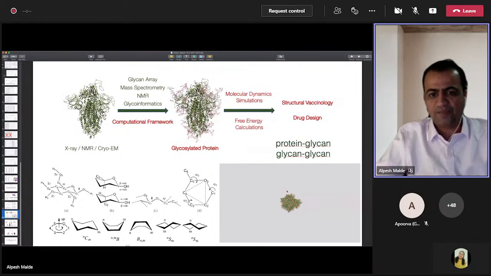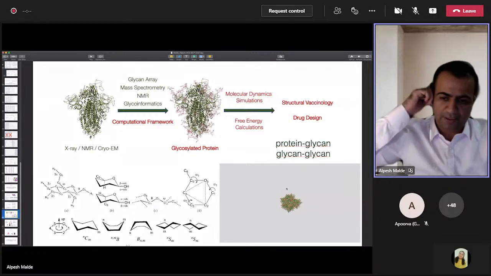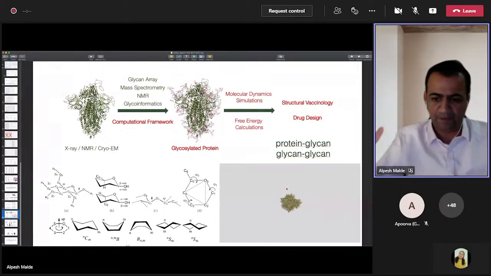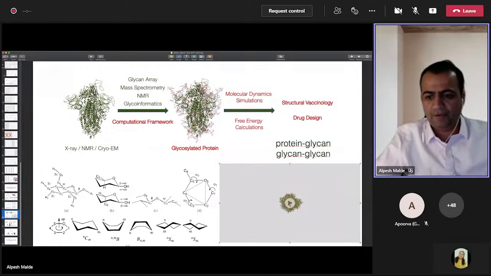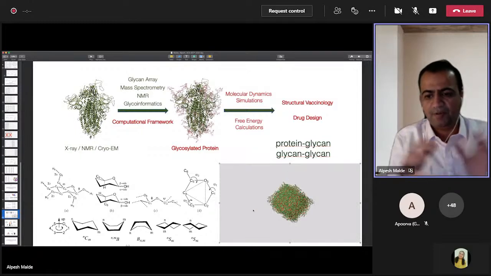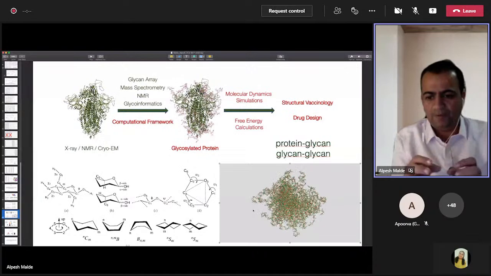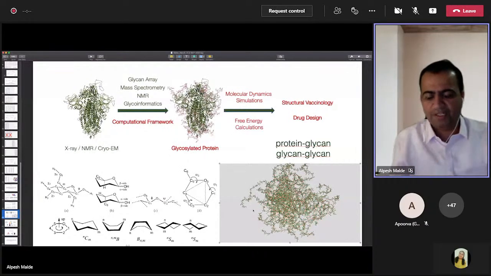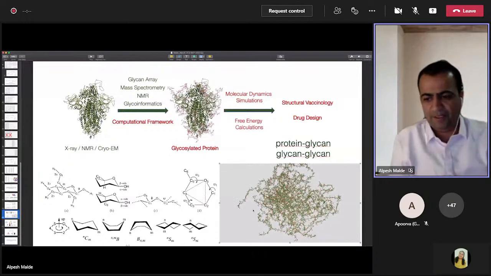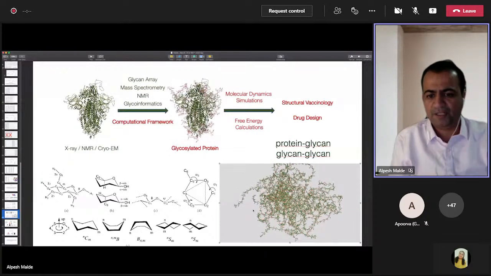Here I just show you a small movie where we were trying to build the glycogen molecule from scratch, which is made up of so many sugar molecules. And here we developed a protocol where we can evolve the system over time from the origin and open up into sugar chains as likely to be present in the biological system.